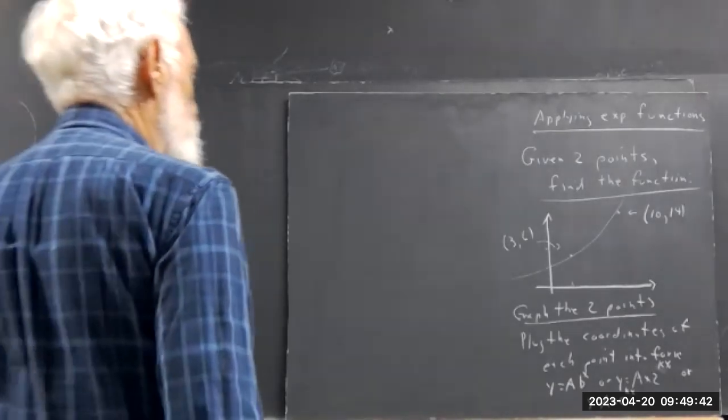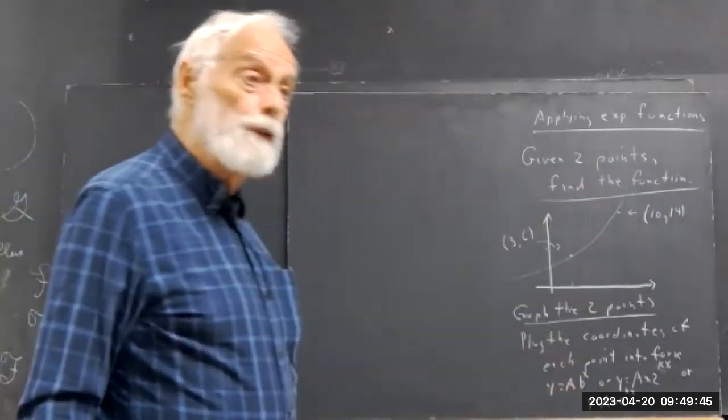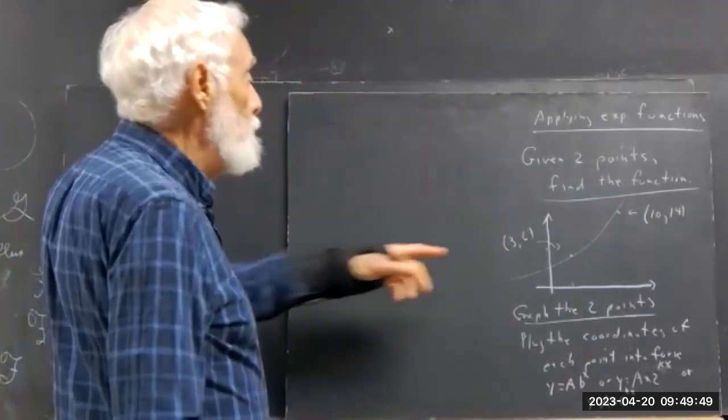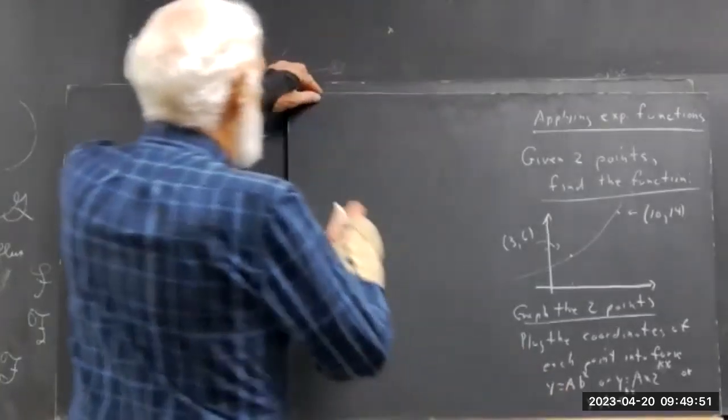Okay, so I'm convinced that once you get 2 points on the graph, you can write these equations out. Everybody did that correctly.